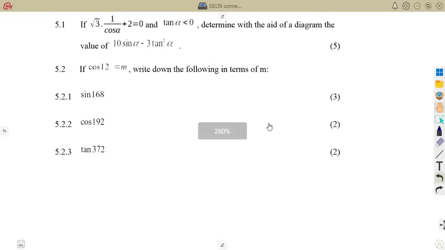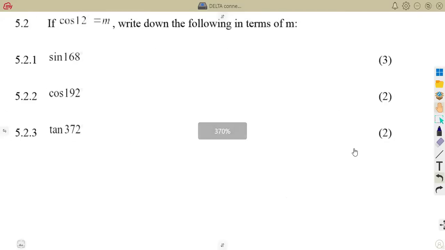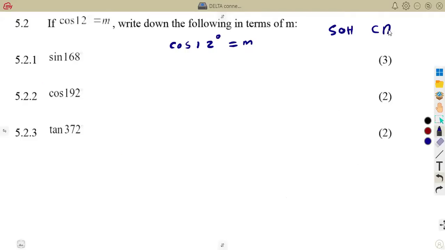If cos 12 degrees is equal to m, remember, SOHCAHTOA. There we are not even given the quadrant, because they know we can use these in a right-angled triangle.